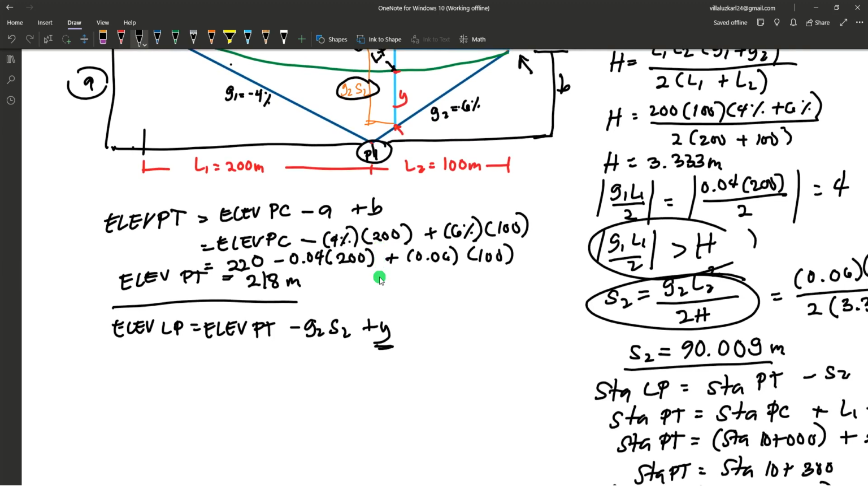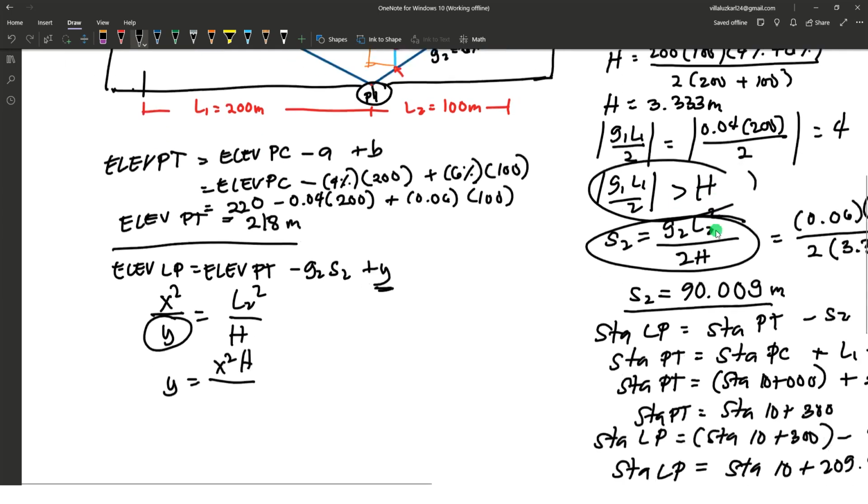Therefore, we use x squared over y equals L2 squared over h. So determining y, we can rewrite the equation into x squared h over L2 squared.